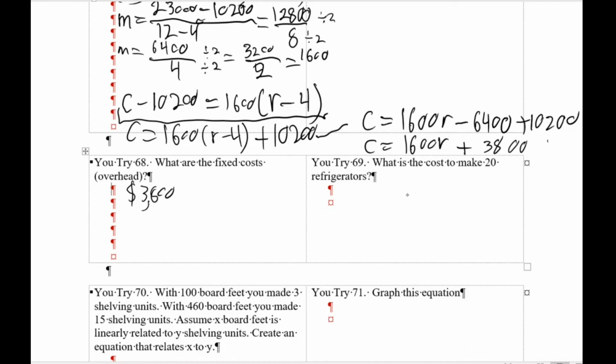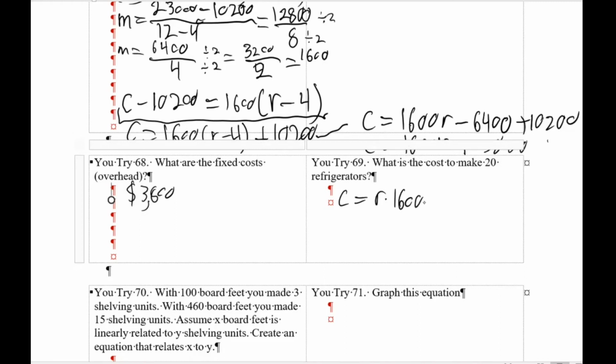What is the cost to make 20 refrigerators? Well, that would be the cost equals R times 1,600 plus $3,800. And instead of R, I'm going to replace that with 20.